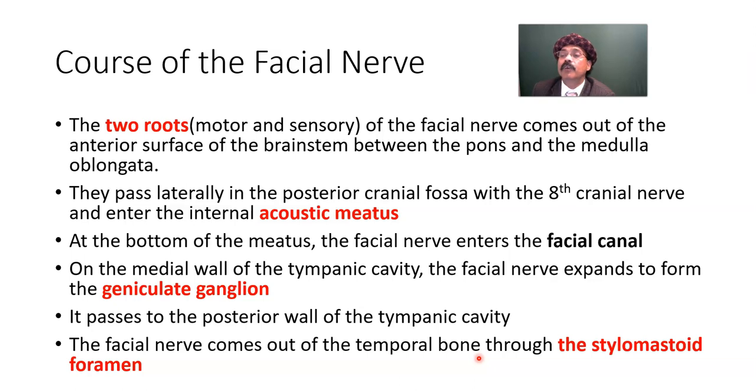It will divide into five branches in the parotid gland: the temporal, zygomatic, buccal, marginal mandibular, and cervical branches.